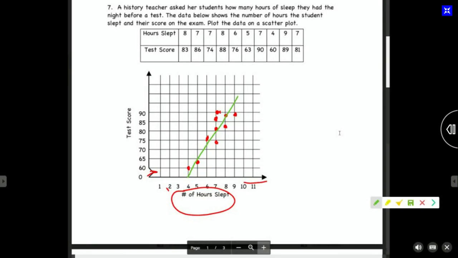So, if I said I had a test score of 75, approximately, look at your paper if you can't see up here, approximately how many hours did I sleep? Here's my test score, 75. So I'm going to follow that over to my line of best fit.